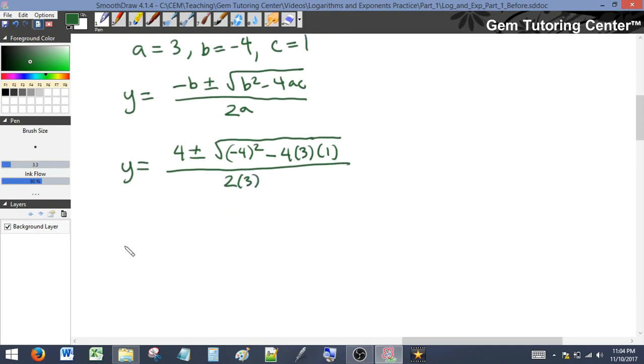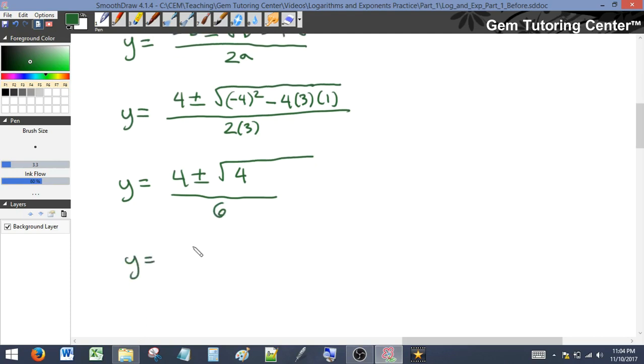Let's simplify this. y is equal to 4 plus or minus the square root of, 4 squared is 16, and 4 times 3 is 12, 16 minus 12 is 4. Divided by 2 times 3, which is 6. y is equal to 4 plus or minus 2 over 6.